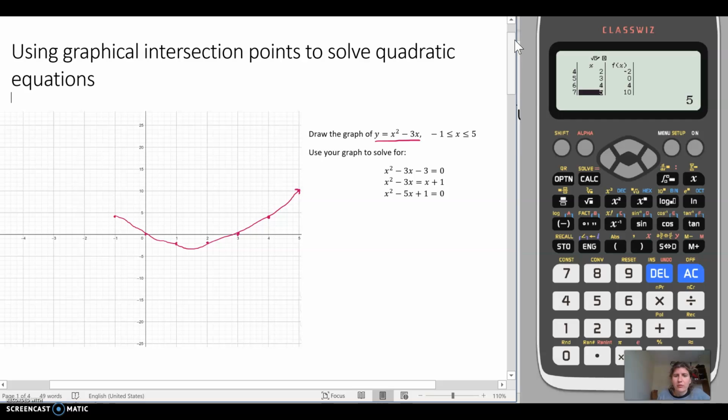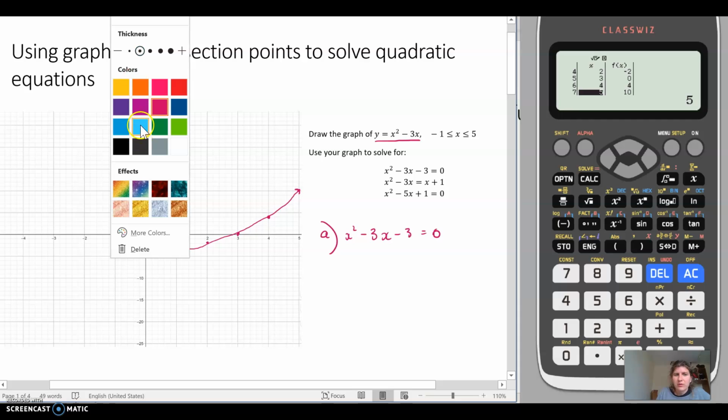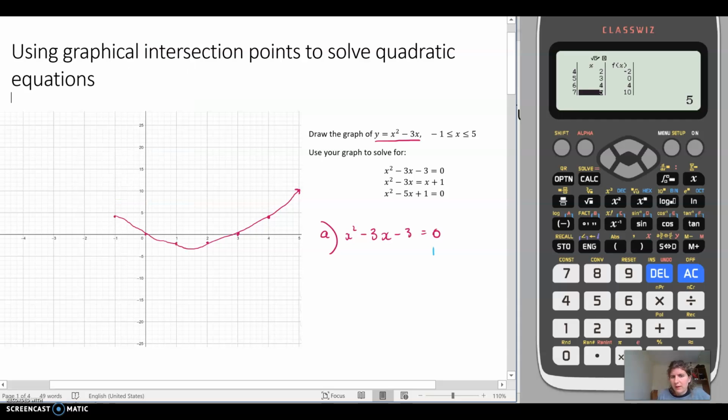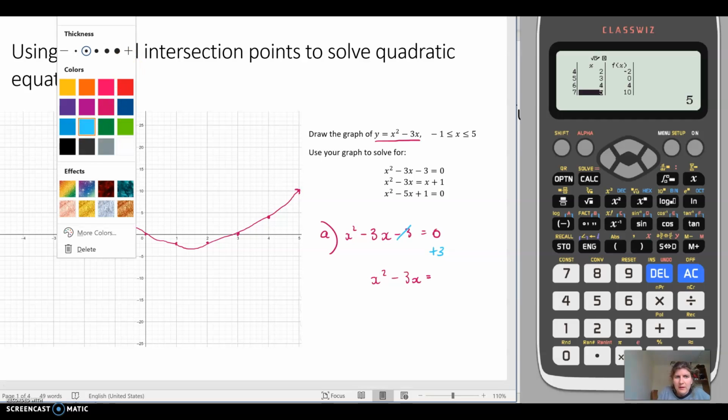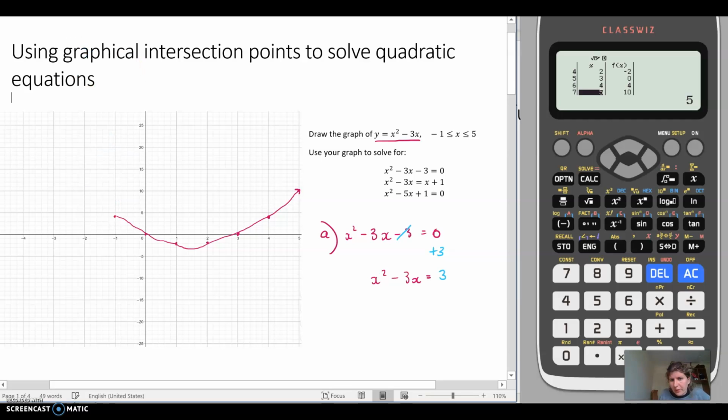Now the next thing we're going to do, the first part says we want to solve for where x squared minus 3x minus 3 is equal to 0. So I've already sketched my x squared minus 3x. Now to find the points of intersection, I'm just going to bring that constant value, the minus 3, onto the other side. And now I'm looking at x squared minus 3x is equal to positive 3. Remembering that that positive 3 is like your straight line that goes through 3.